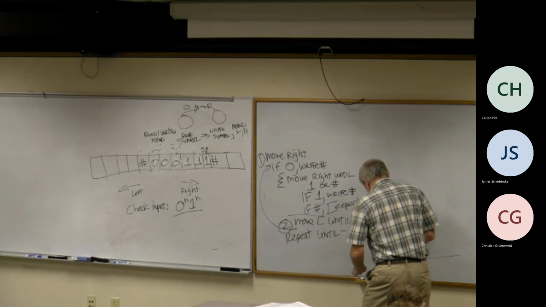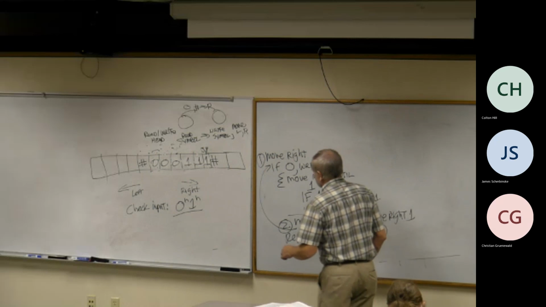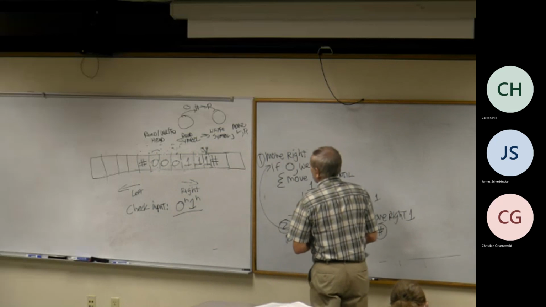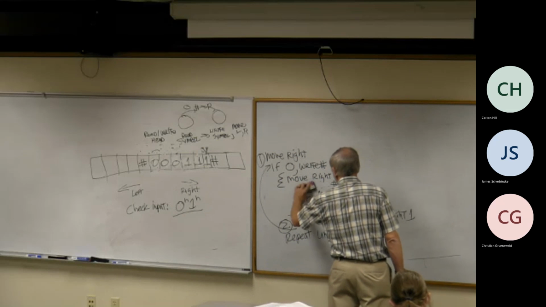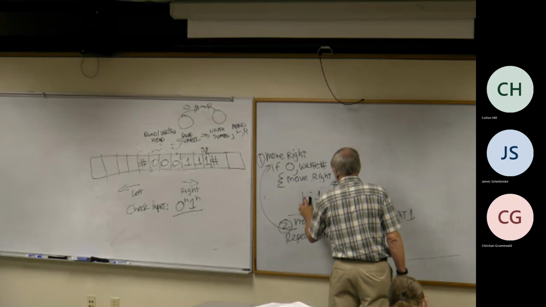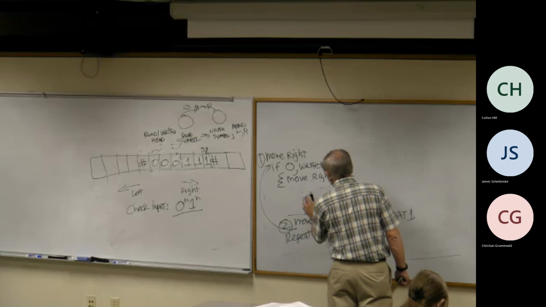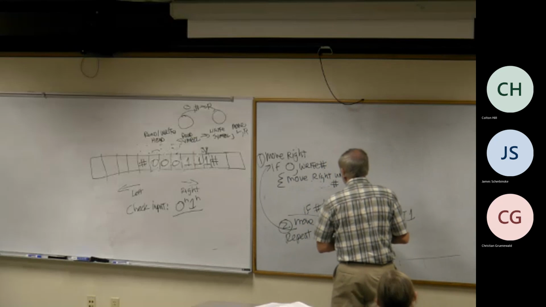Let's do 1 adjustment. Let's move right until pound sign. Then go back left.